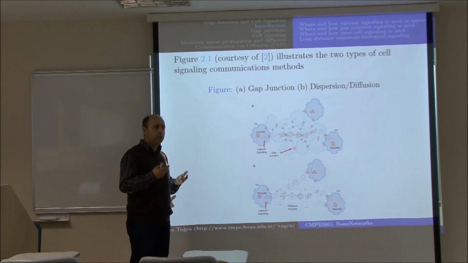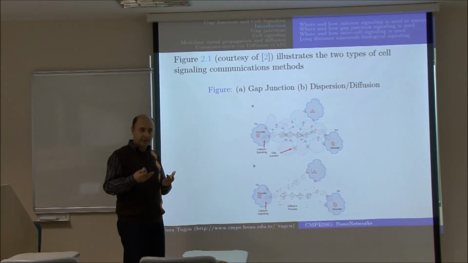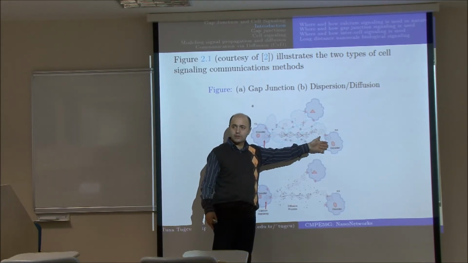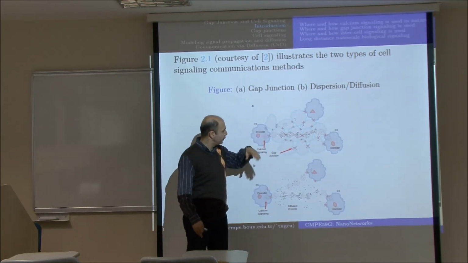You should be able to encode your information, let's say ones and zeros, on this feature of the signal, and the signal should somehow propagate to the destination. Okay? So that's what we're trying to provide.